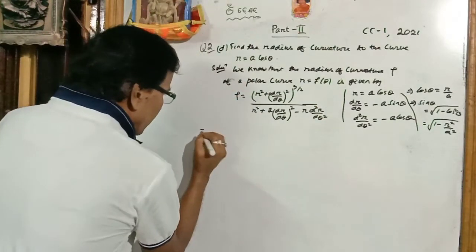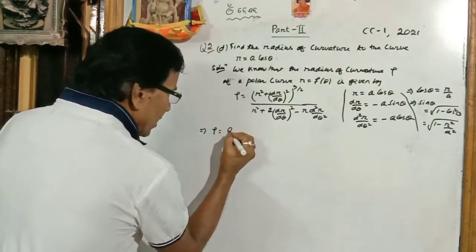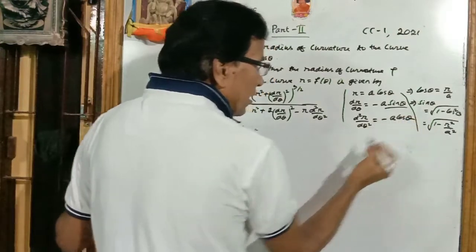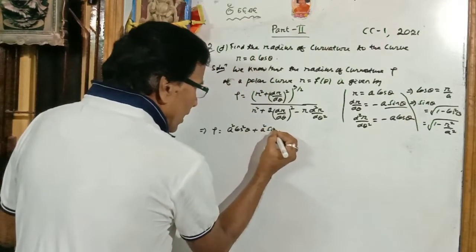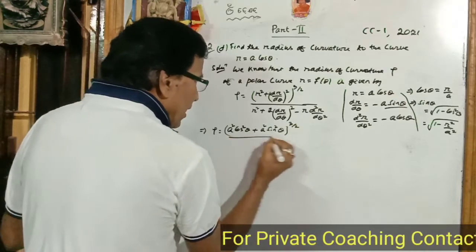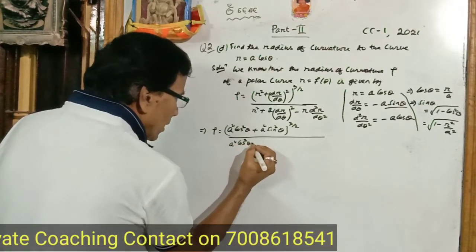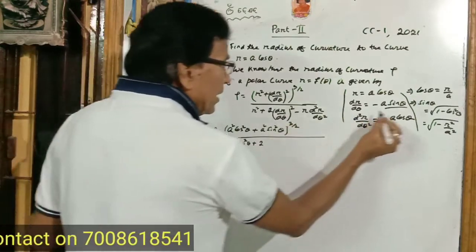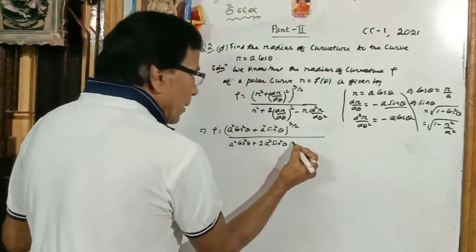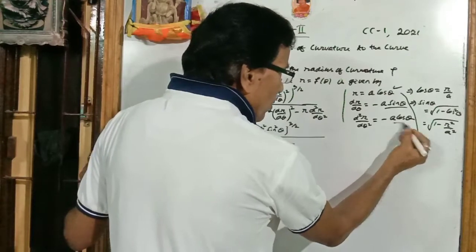Now on putting, the radius of curvature rho is equal to r square plus dr by d theta whole square, whole to the power 3 by 2, divided by r square plus 2 times dr by d theta whole square minus r d square r by d theta square. Here r is equal to a cos theta, so r square is a square cos square theta. dr by d theta squared is a square sin square theta, and d square r by d theta square is equal to minus a cos theta.